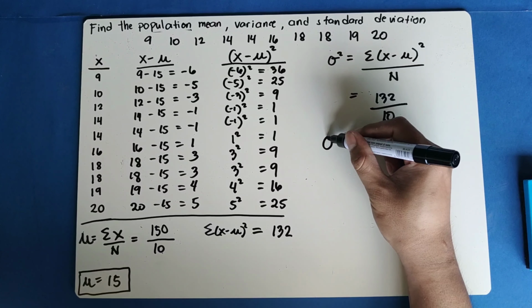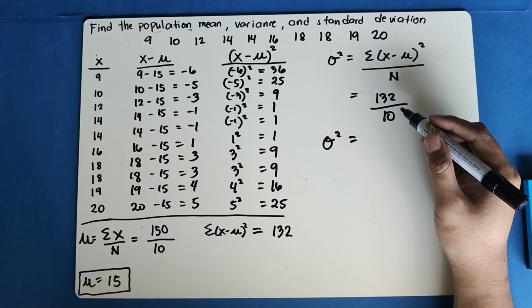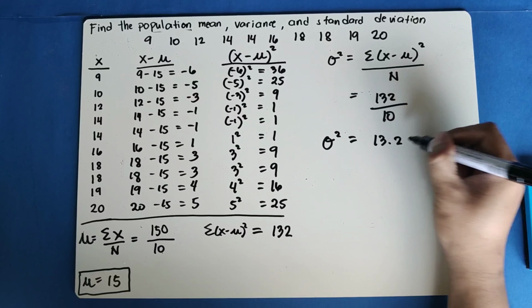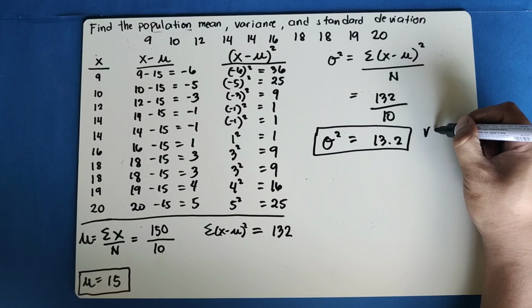So our population variance is 132 divided by 10. The result is 13.2. So this is now our population variance.